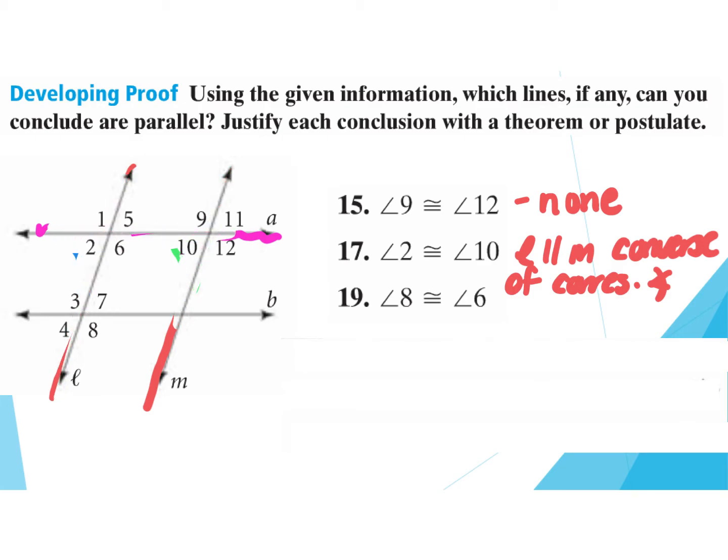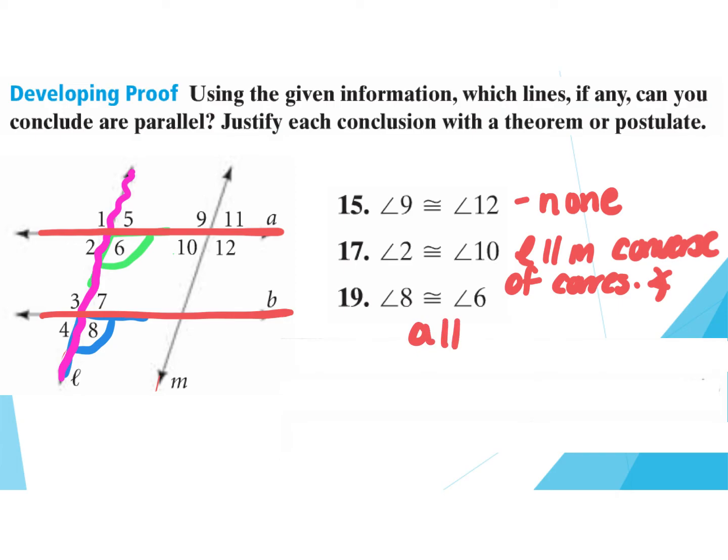And for the last one, I have angle 8 and angle 6. So my transversal would be this line L, and my parallel lines are A and B. So you say that A is parallel to B by converse of corresponding angles.